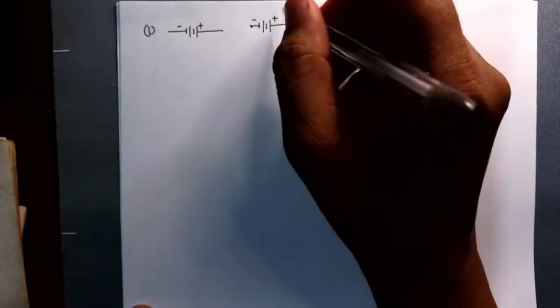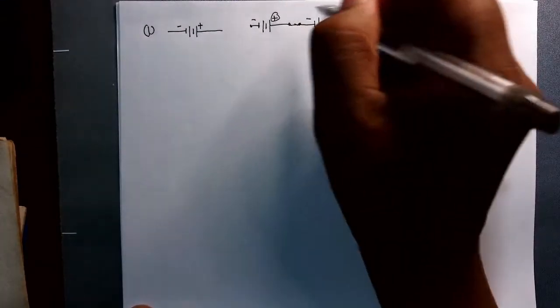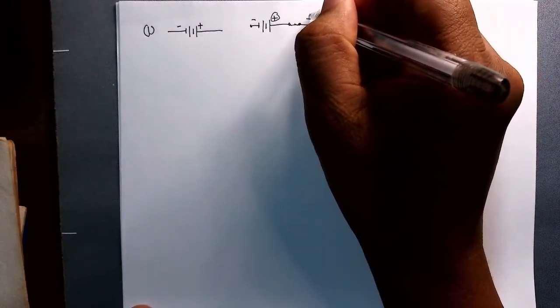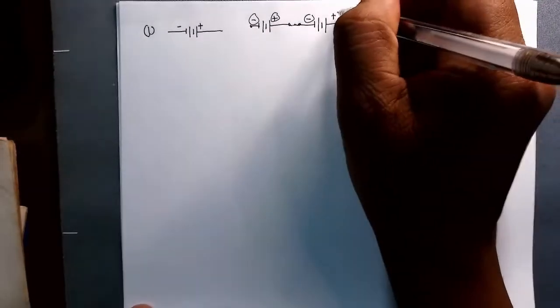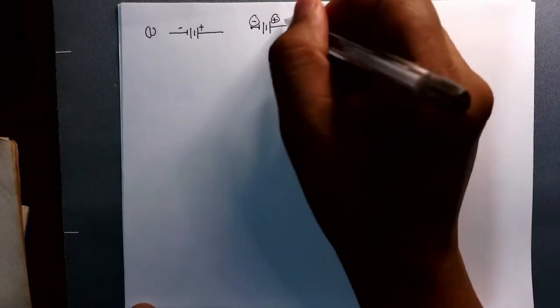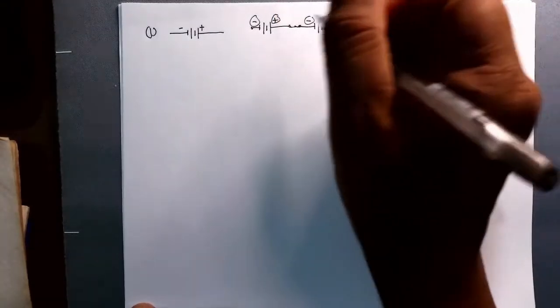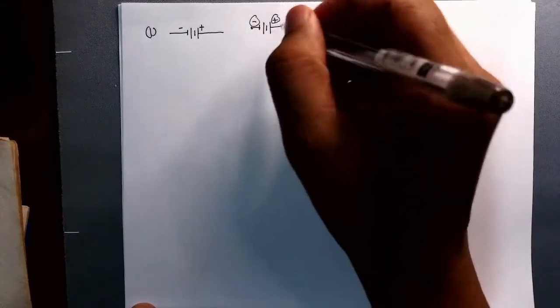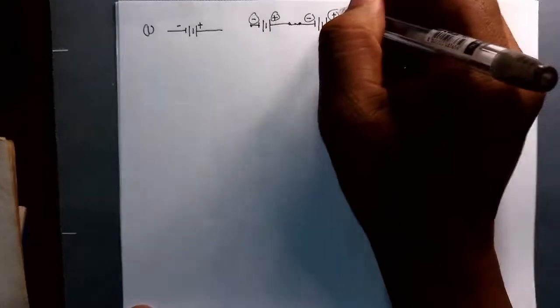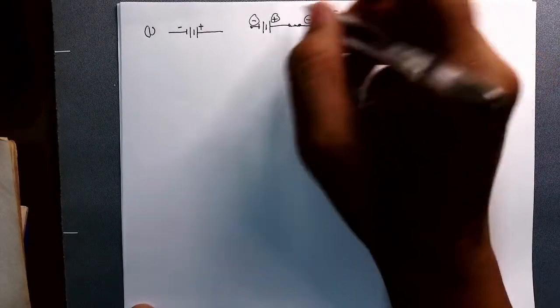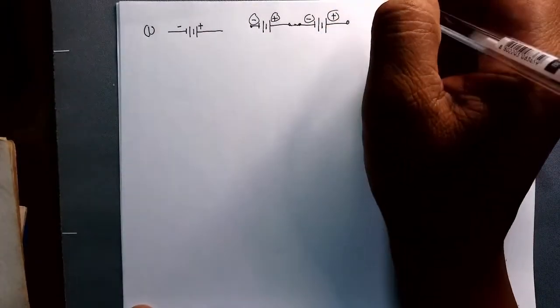So you will notice that positive here is connected to negative, and this one is negative and this one is positive. Since it faces the same polarity, it will be aiding.